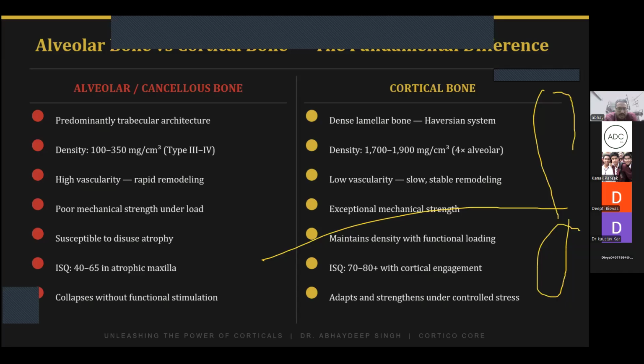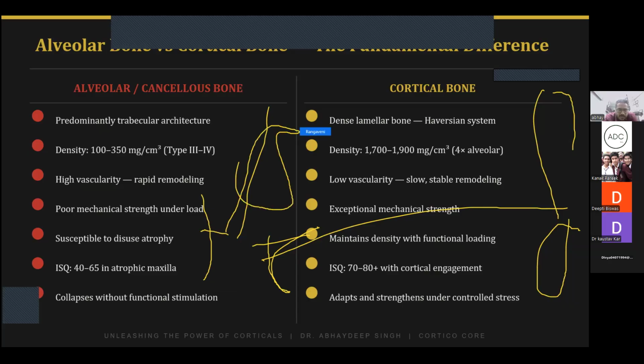The bone remodeling process can only occur if there is vascularity. The higher the vascularity, the higher the sponginess of the bone, and hence the higher the remodeling. Cortical bone has a relatively lower vascularity, hence it is more stable. The remodeling process is relatively slower in the cortical bone.